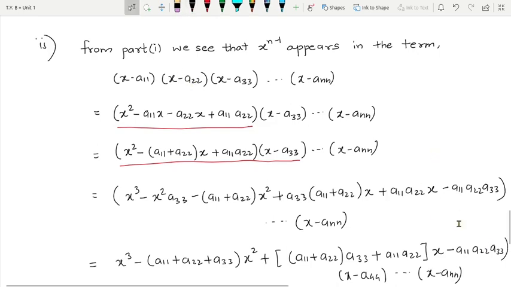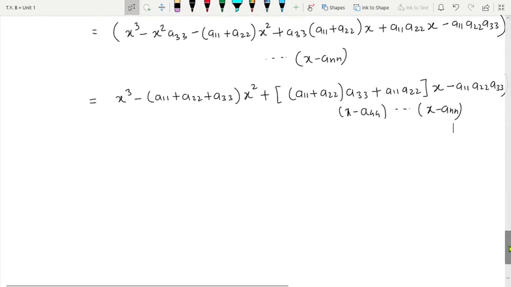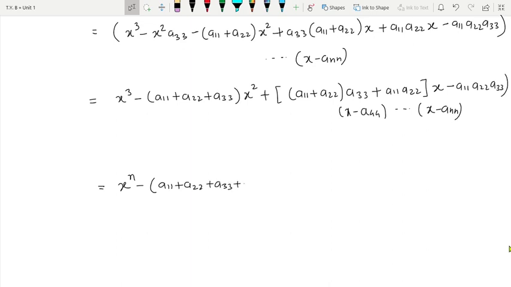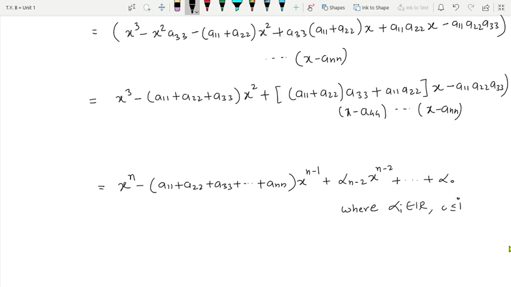Now just try to understand the pattern over here. So if you continue in this way, what you are going to get at last will be x to the power n minus (a11 plus a22 plus a33, and this will be continued up to ann) x to the power n minus 1, and over here you are going to have some alpha_{n-2} x to the power n minus 2, and this will be continued up to alpha naught, where these alpha i are some real numbers where i is varying from 0 to n minus 2, right?